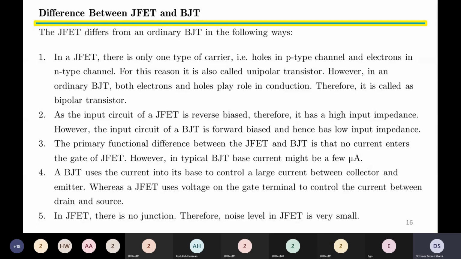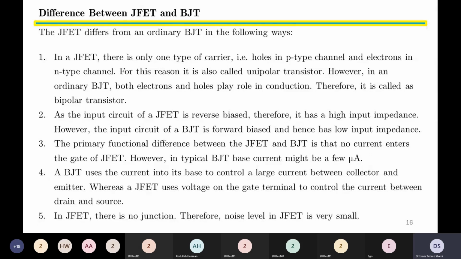However, in the JFET case, since the junction is reverse biased, or we have a depletion region whose width is controllable, therefore a very minute amount of current, which is almost ignorable, will exist.